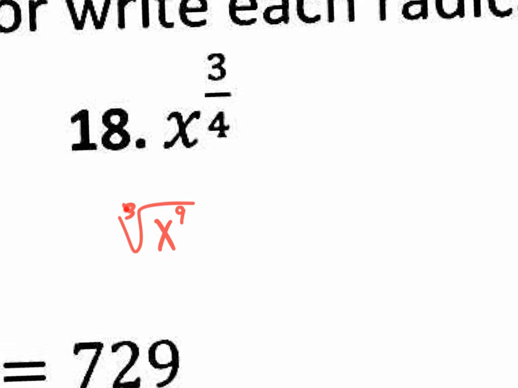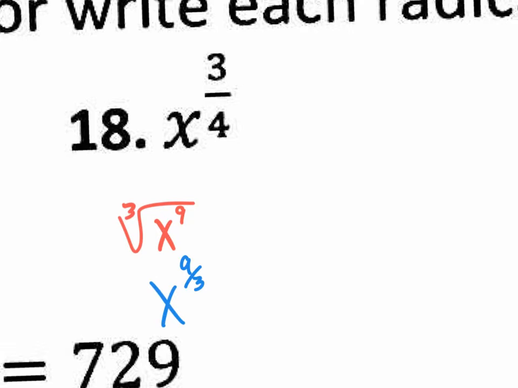The third root is really the 1/3 power, so it's kind of like doing x to the 9 divided by 3. And notice what went up on top: the power. What went on the bottom: the root. That's what you need to know, that the top one is the power and the bottom one's the root.